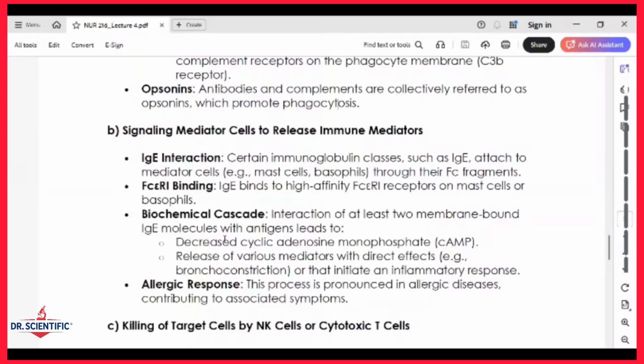Now, if you quantify the IgE levels in your body, if you have worms, versus an individual who just has asthma, the person who has worms has even 1,000 times more IgE levels compared to an individual who has asthma, who is overreacting to some allergen. But why is it that asthmatic attacks can kill, while worms will not cause an individual to end up dying just because they are bronchoconstricting?